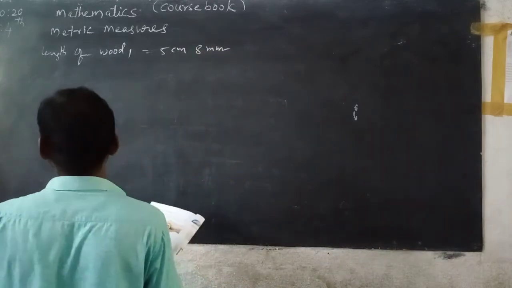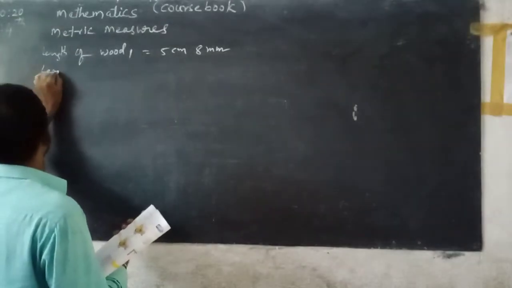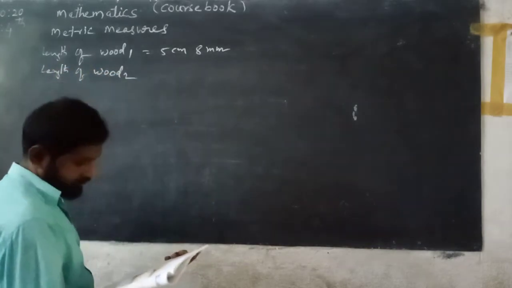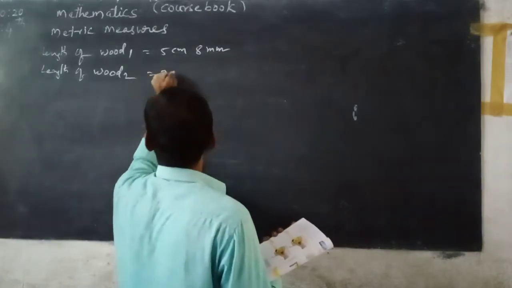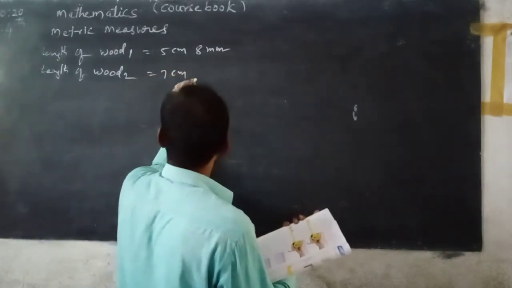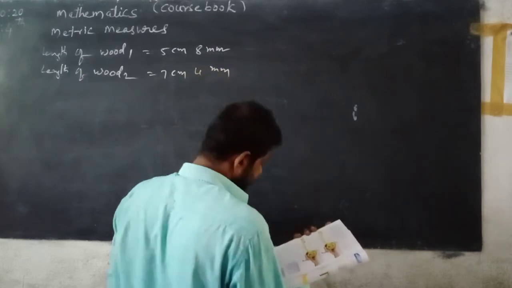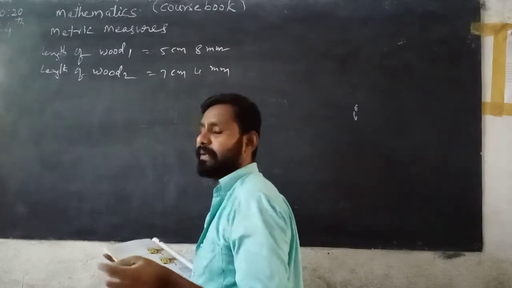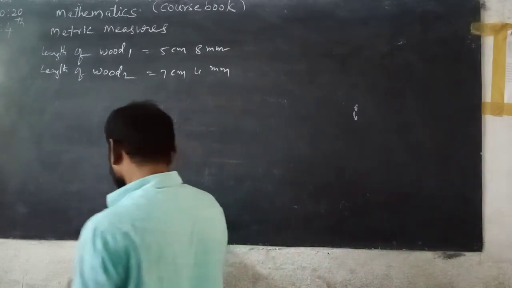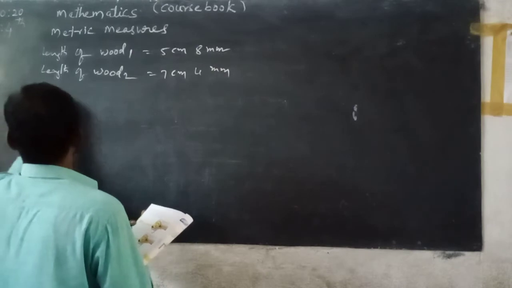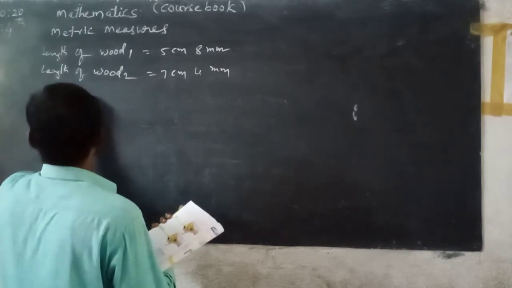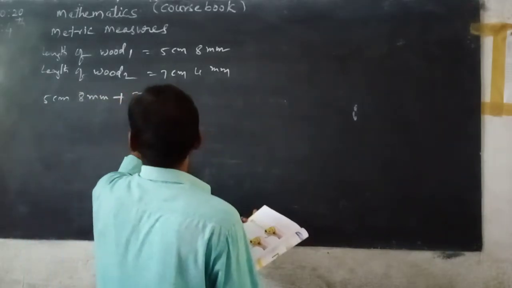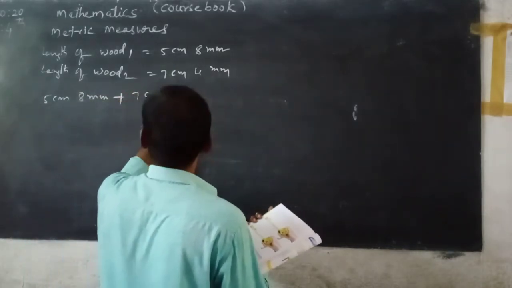Next, the length of wood two, the second wood, is equal to 7 centimeter 4 millimeter. See here, how can he make an estimate? 5 centimeter 8 millimeter plus 7 centimeter 4 millimeter.